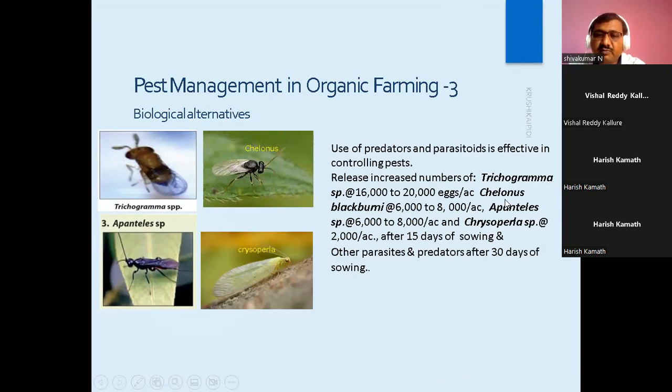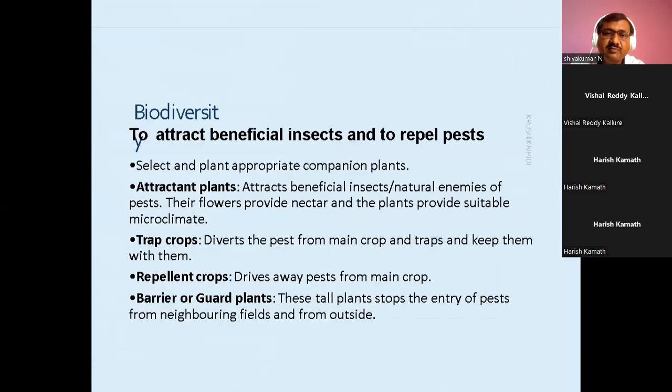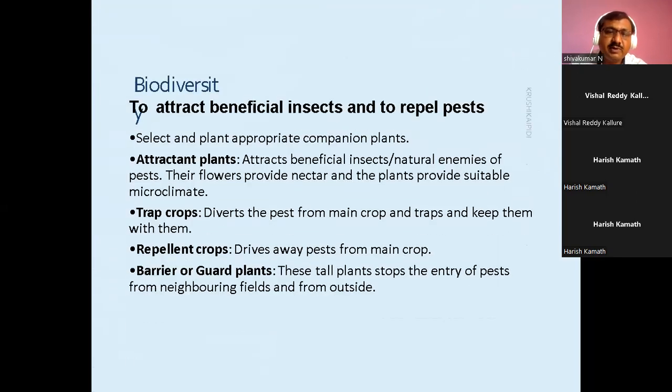These are specific to some pests, not applicable to every pest. Like trichogramma, this is commonly used. Other predators are there. If there are pests in the field, they will go and eat them. That will reduce the population of the pest, and also maintain the biodiversity. These are the common practices which will reduce insect attack or some disease attack in your field.